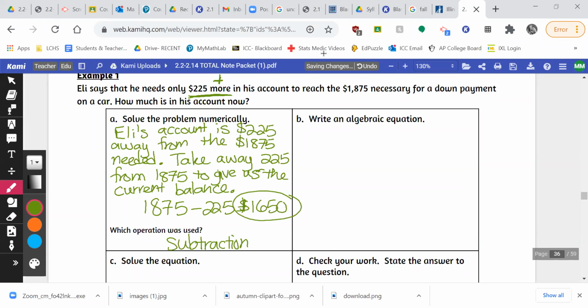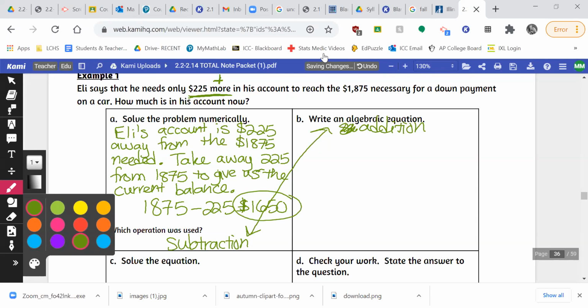But remember that when we are setting it up algebraically, we're going to use the inverse operation. So when we solve this, we're going to be using addition to solve it. And this is where looking at the original wording will help us.